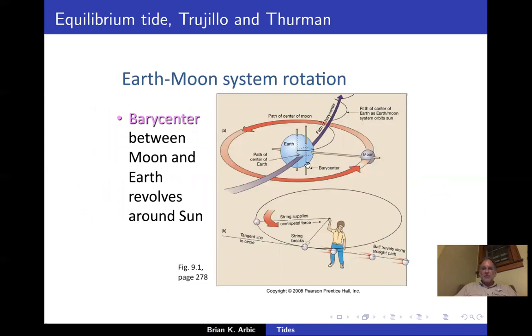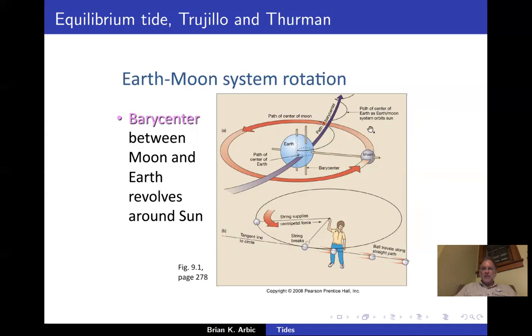So the Earth-Moon system rotation. Here's the Earth, and here's the Moon, and the Moon is orbiting around the Earth, and in turn, the Earth is orbiting around the Sun. The barycenter, which is the center of mass of the Earth-Moon system, is revolving around the Sun.